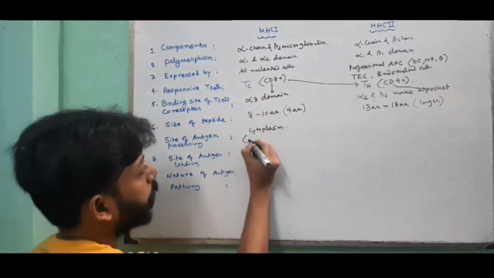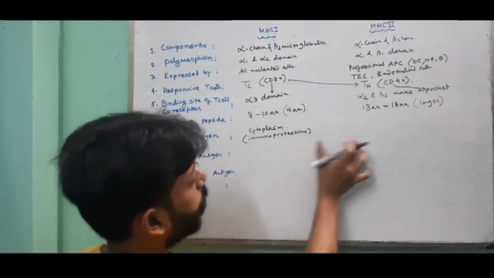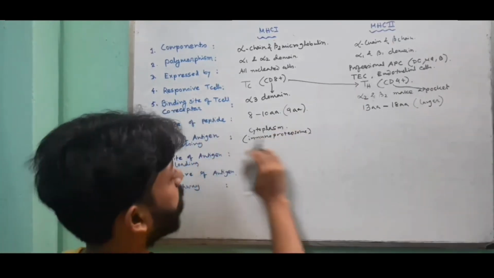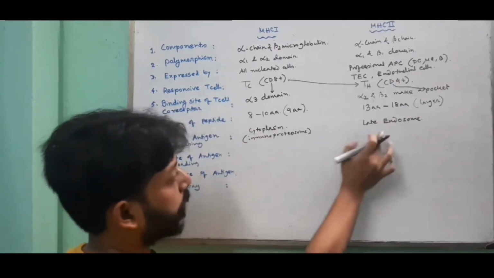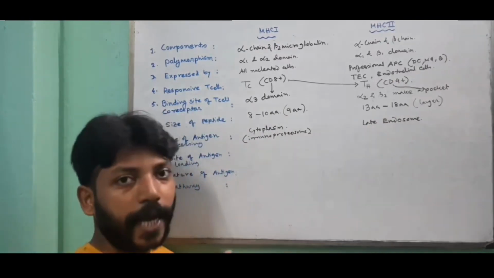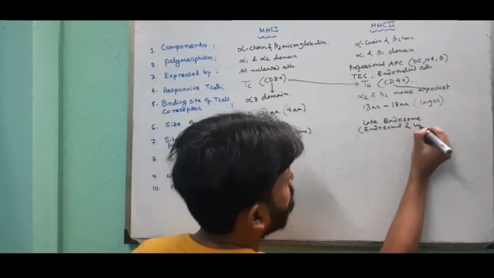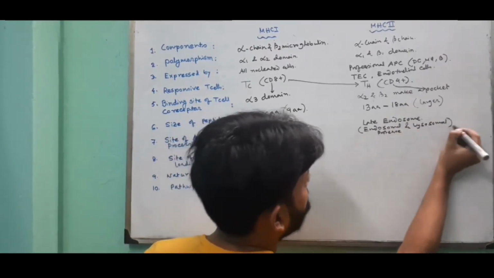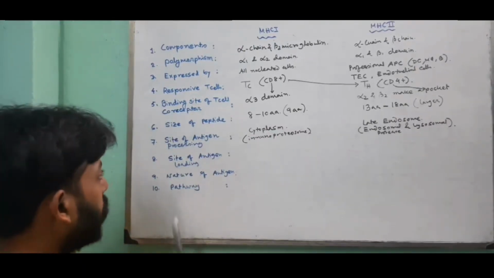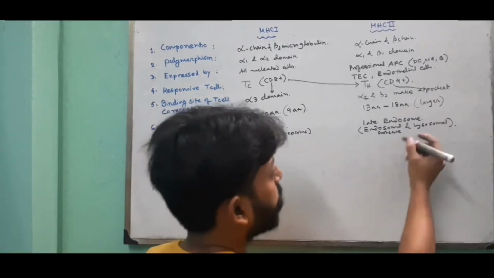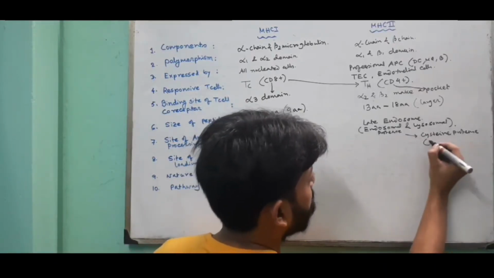In case of MHC 1 it is called immunoproteasome, and in case of class 2 MHC molecule, the site of antigen processing is late endosome, and the responsible molecules that process the antigen are endosomal and lysosomal protease. So enzymes are responsible for the processing of antigen. One example of this protease is cysteine protease, a very important example of this is cathepsin.